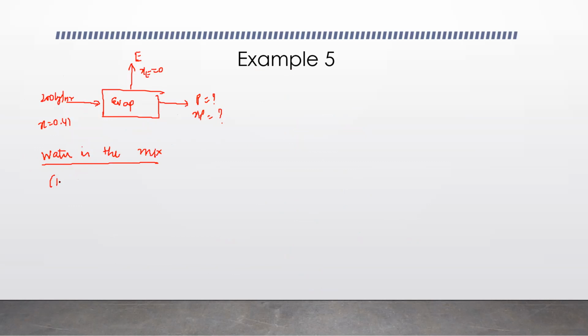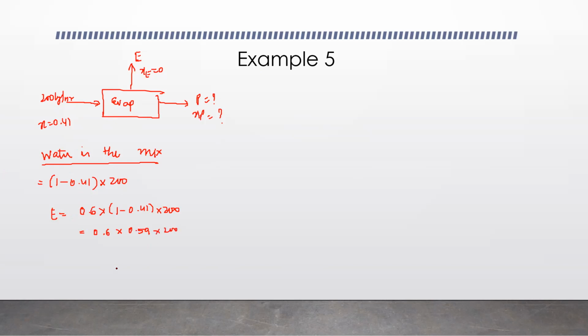So that means 1 minus 0.41 is the mass fraction of water, right? Into 200. This is water in the mixture. E is 60% of this water. So that is 0.6 into (1 minus 0.41) into 200, that is 0.6 into 0.59 into 200.